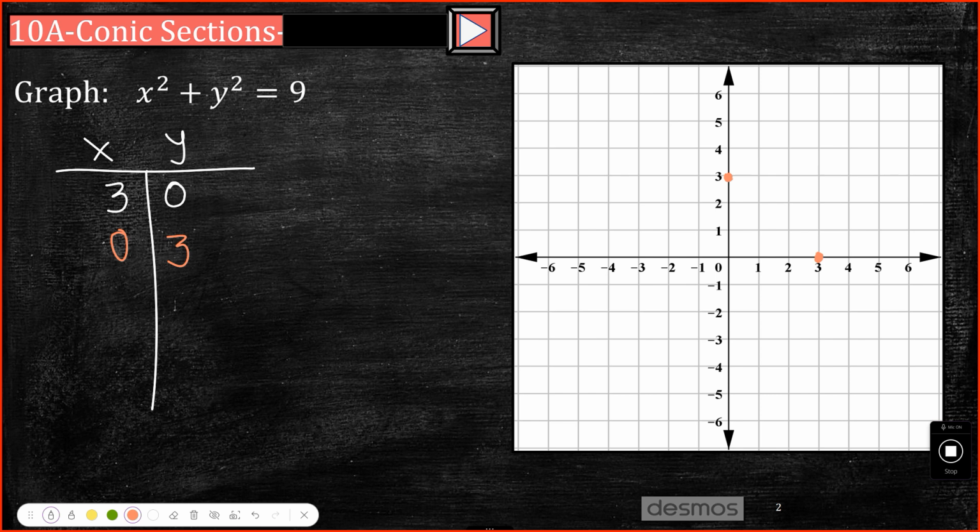If x is -3, what is y? 0. There are people who are lazy and put something like this down and think it's -9, and I told you when you plug in, you better use parentheses. It's +9, so that is 9 plus 0. So x is -3, y is 0.